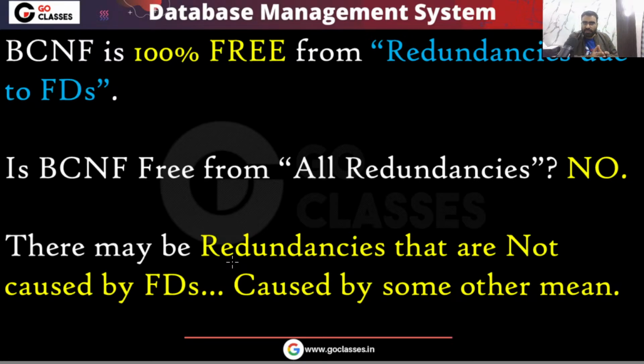So BCNF is 100% free from redundancy caused due to functional dependencies, but you cannot say that BCNF is 100% free from all the redundancy. There may be redundancy not caused by FDs, caused by some other means.